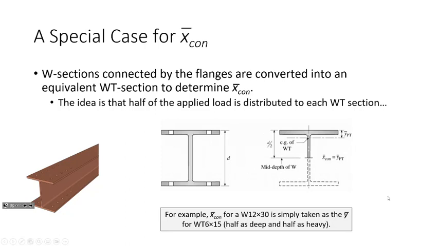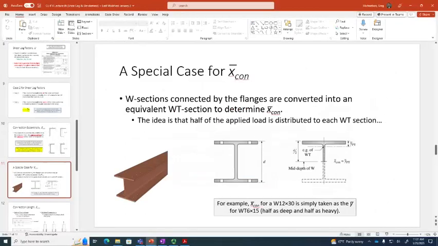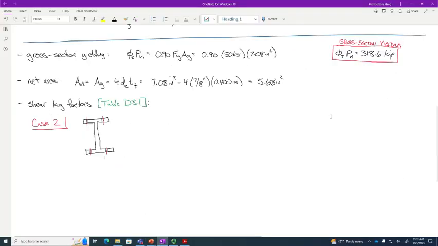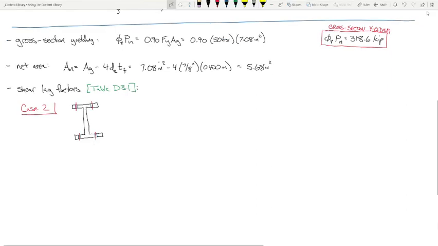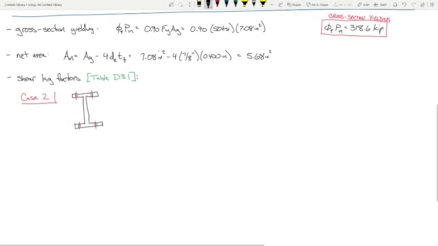Y'all remember me mentioning that? I know I mentioned it. I know I did because it's right there. So what we're going to do here is this. The section that we're dealing with on this problem is a W8 by 24.